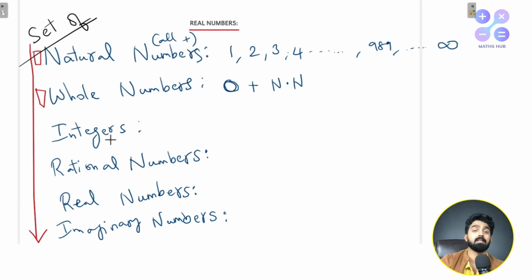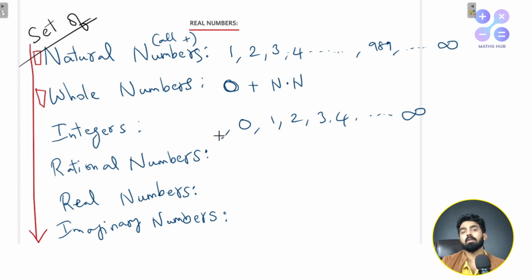Now, what about integers? The set gets even bigger. The set gets almost doubled, in fact. Integers are basically a mirror image of all the natural numbers plus the natural numbers. So if you start with 0 and 1, 2, 3, 4, and then you go to infinity on one side, you also need to go to the other side.